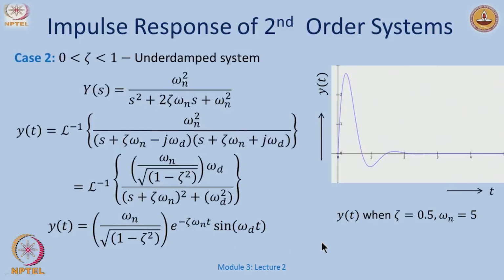Okay. So, let us make things a little more complicated. Zeta between 0 and 1. Before I do this, I will do a very short calculation.